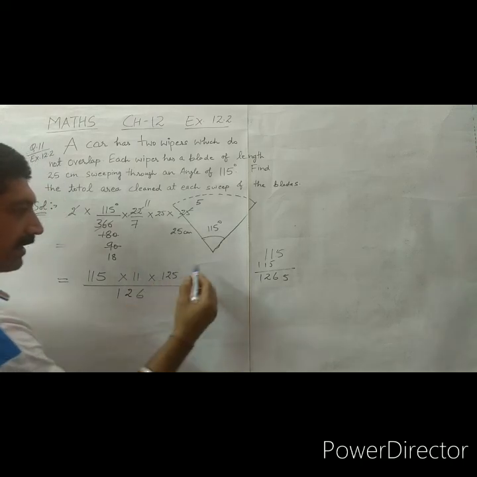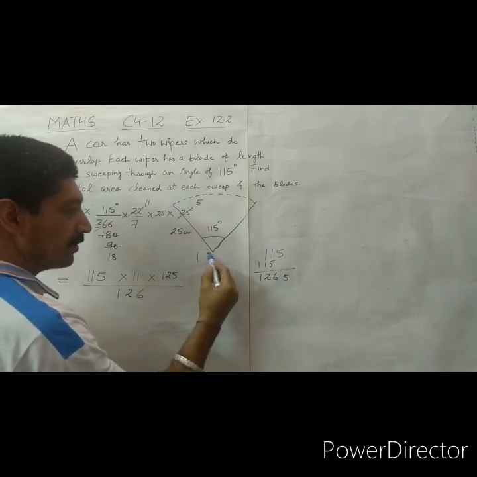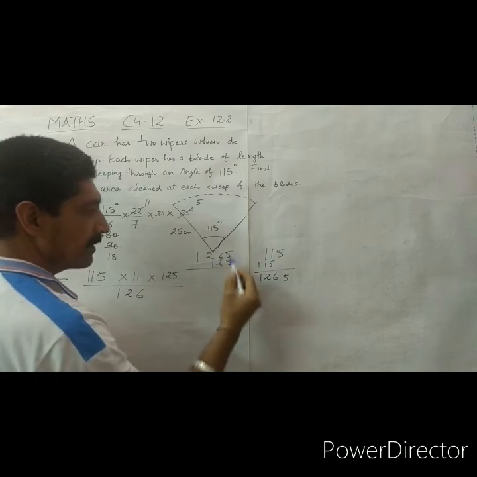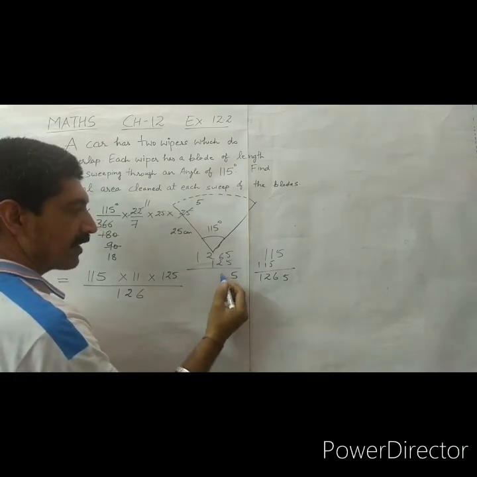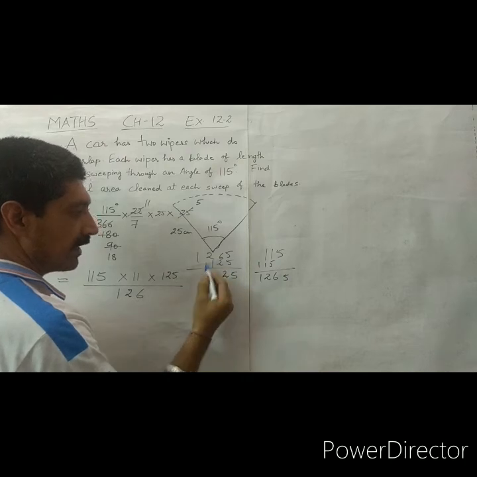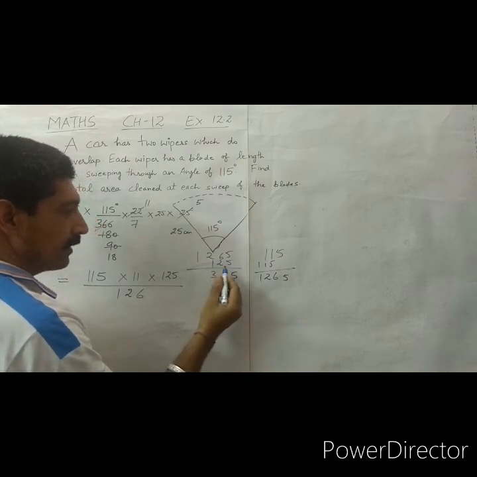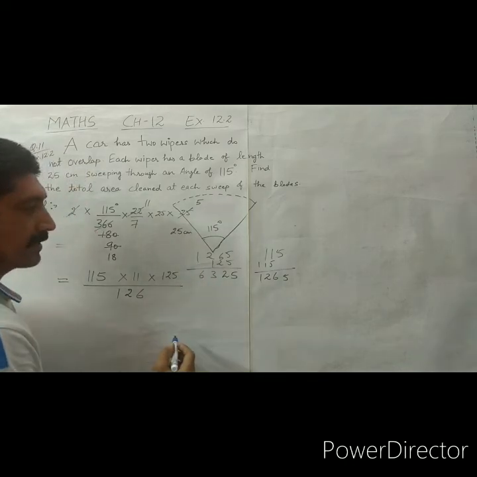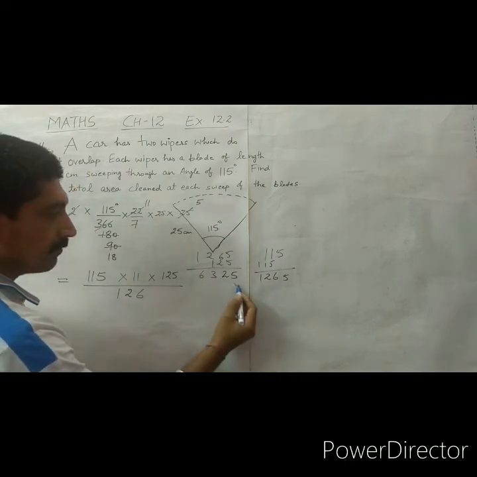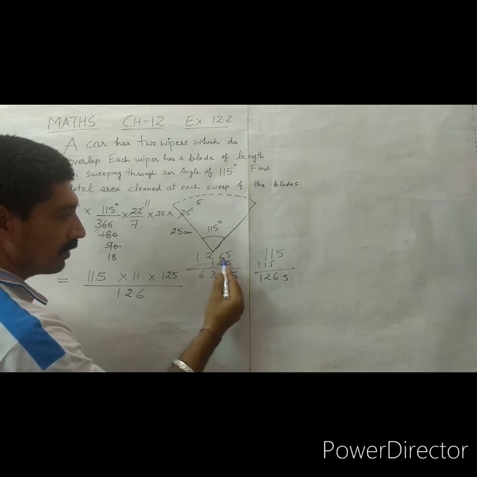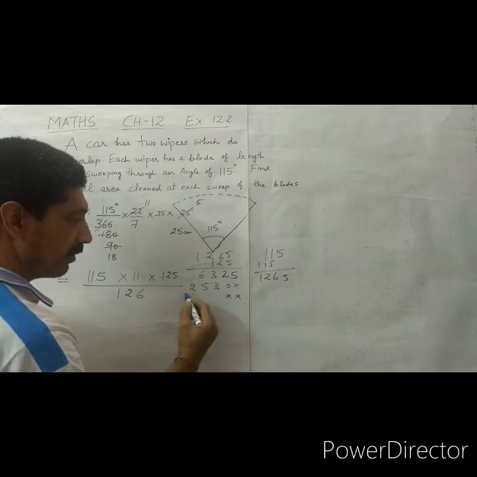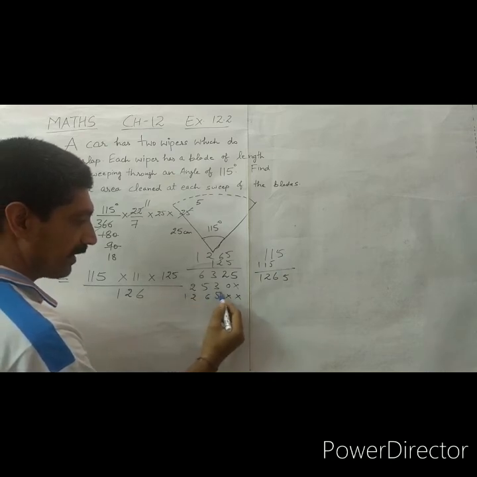Now we can go ahead with the multiplication, 115 and 125. 5 5s are 25, 3 carry, and so on.